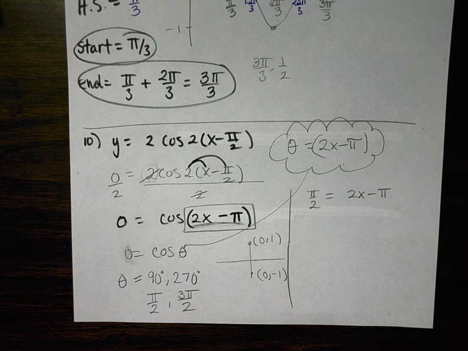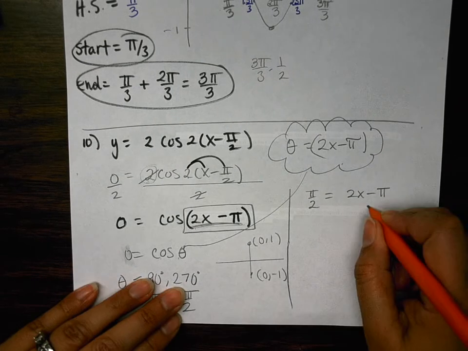Add your pi, divide by 2. Or multiply everything by 2 right now to get rid of your fractions. Your choice. Do you guys have a preference on how I do it? I said what you could do was add the pi, common denominator it, and then divide by 2. Or clear it right now by multiplying everything by 2.